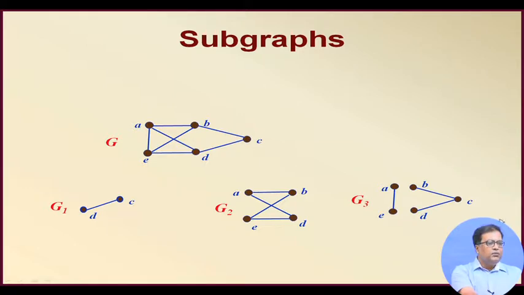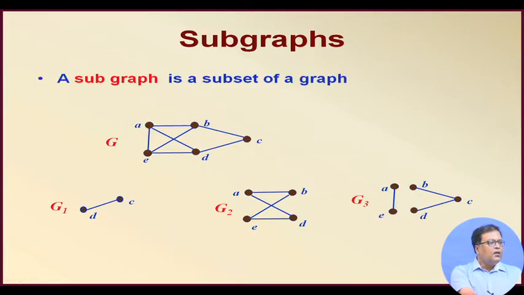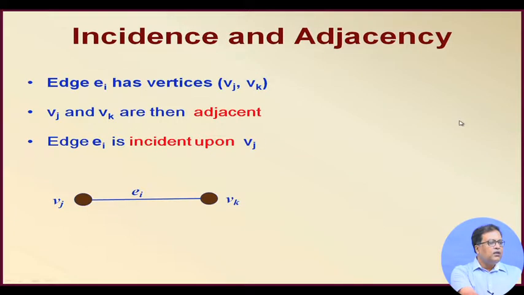So, this is about subgraphs, that a subgraph is a subset of the graph, that means every vertex and edge of a subgraph has to be also available in the graph itself. If that happens, then it is called a subgraph, right. So, a subgraph is a subset of a graph.